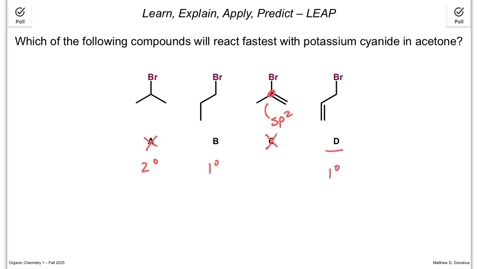So that eliminates that because we have 2 primaries. The difference between them, that one is allylic due to this double bond. So it's primary and allylic, so its rate will be faster than this primary.